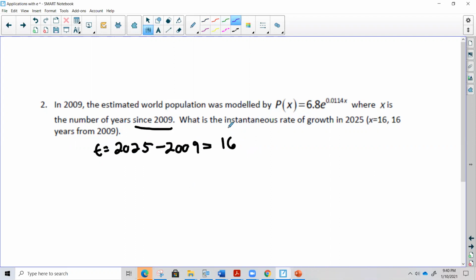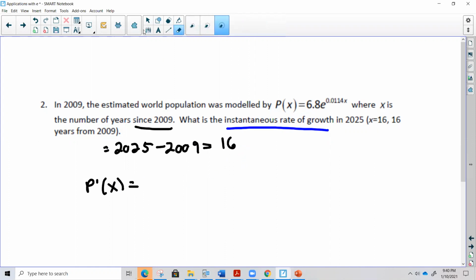So again, the question asks for the instantaneous rate of growth. Anytime it says instantaneous rate, I want to take the derivative of whatever my function is, and then I'll plug in the x or the t value that they want. Sorry, they used x for time and not t, so let me change that to x. Okay, so the derivative of this: the 6.8 stays there.